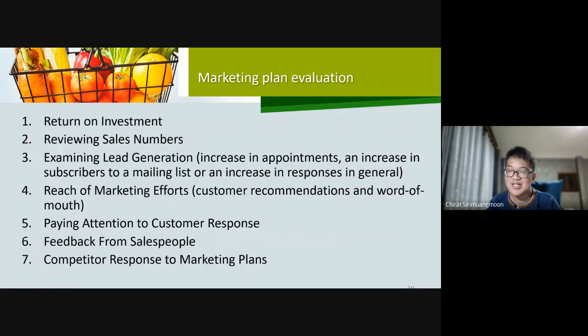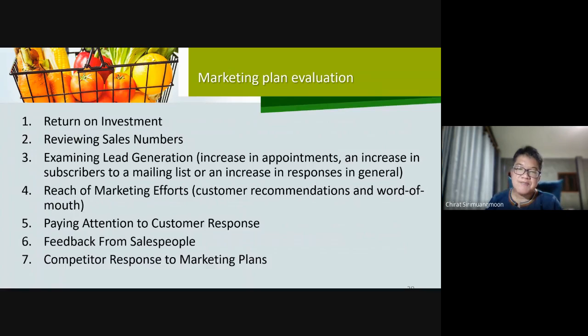This is kind of an increase in appointments, an increase in subscribers to the mailing list, or even, for now, social media. So you can do that too. Then reach marketing effort like consumer recommendations.